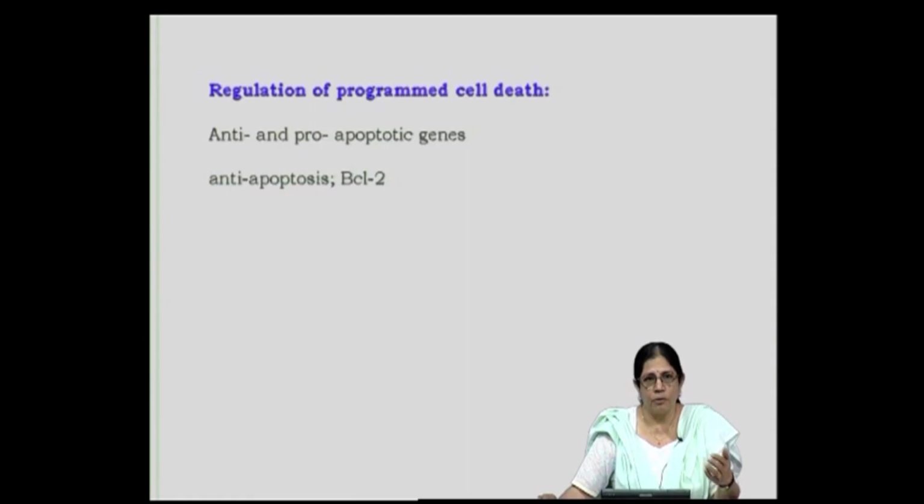There are also a large number of proteins which regulate programmed cell death, or apoptosis. Apoptosis is a phenomenon which is absolutely required right from the embryonic stage where differentiation is taking place up to adult life.